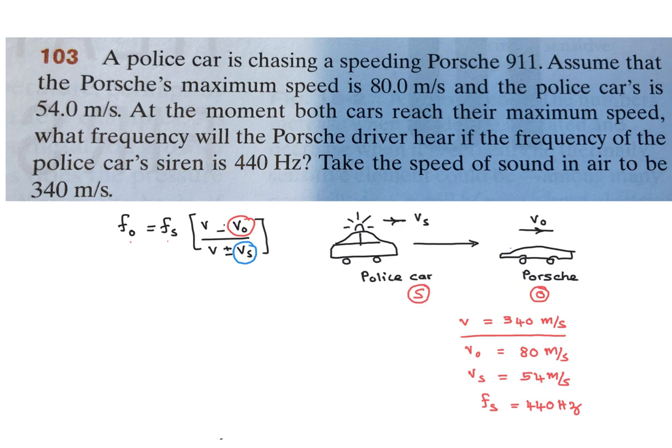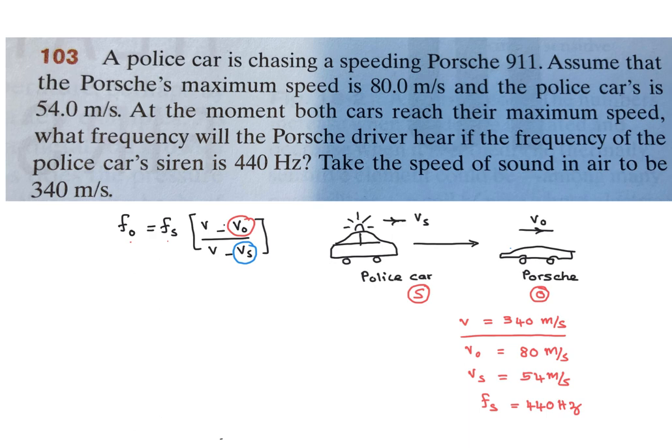We are looking at the denominator, and in order for the frequency to go up, the denominator should be smaller. To make the denominator smaller, again, we are choosing the negative sign here.